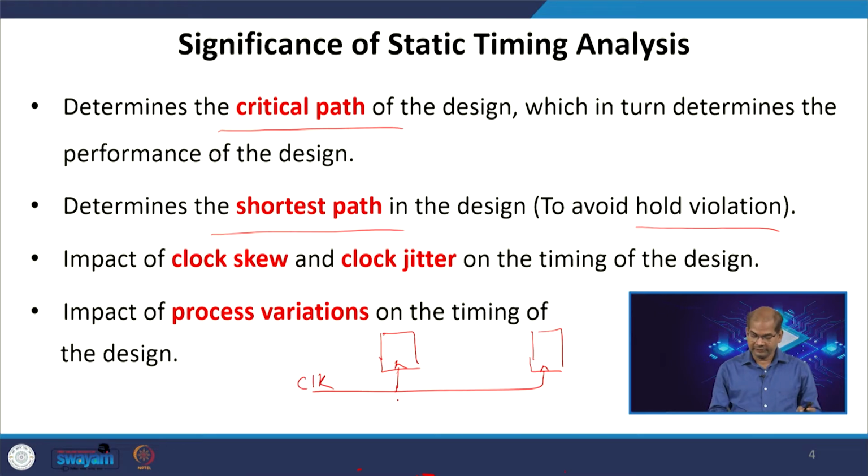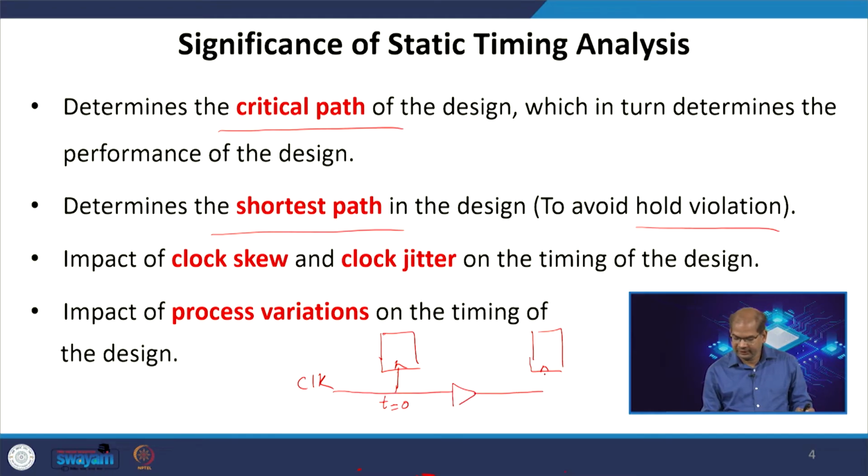Ideally they receive the clock at t equals 0, but in reality they do not, because we have some interconnect length, and also we have introduced some buffers in between.